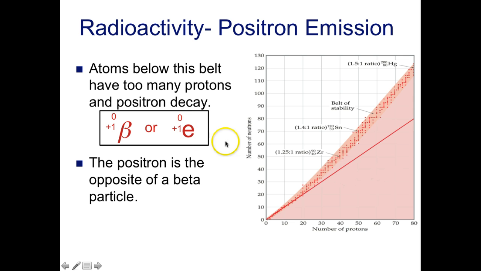You'll see both of those when we go over practice examples. So the positron is the opposite of a beta particle. If carbon undergoes positron decay, it will become boron, so your atomic number will drop by 1, and your mass will stay the same.